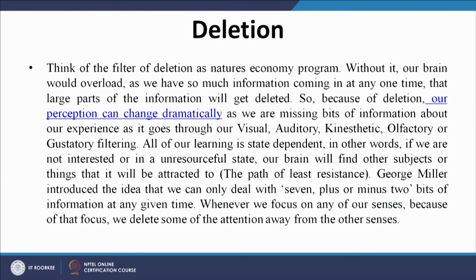George Miller introduced the idea that we can only deal with 7 plus or minus 2 bits of information at any given time. Whenever we focus on any of our senses, because of that focus, we delete some of the attention away from other senses.